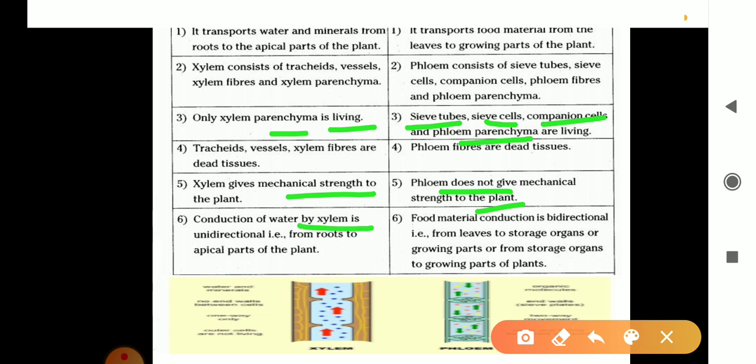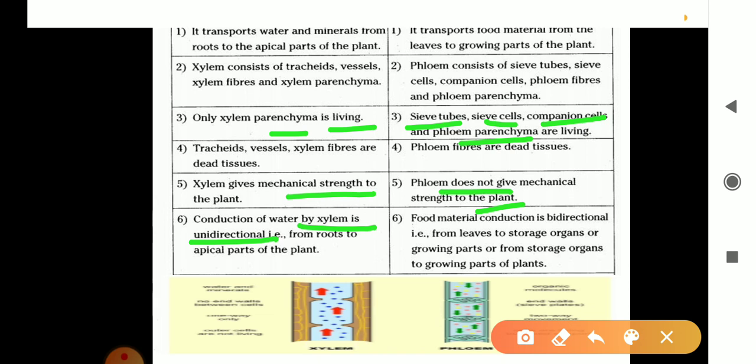As we already know, water is always absorbed by the roots and then transported to the upper parts, towards the leaf and the branches. It has only unidirectional flow, from soil upward, simply we can say upward flow.